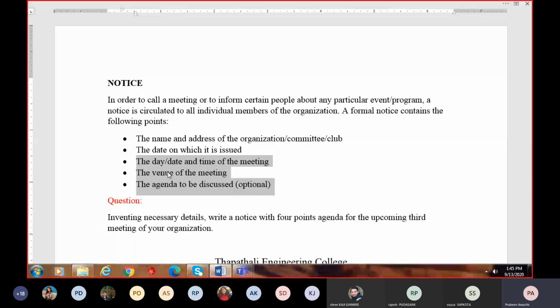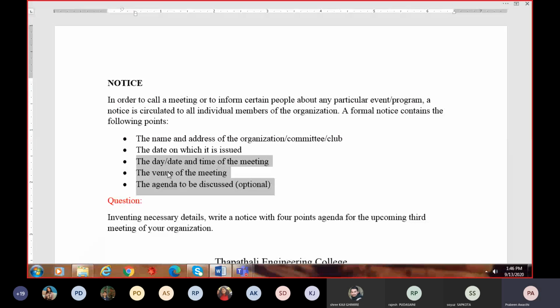These are called agenda. You don't call for the meeting without any purpose. You call for the meeting to discuss certain issues, or to make decisions on certain topics. And in notices, most of the time, agenda is also included, but it's optional. Why is it optional?